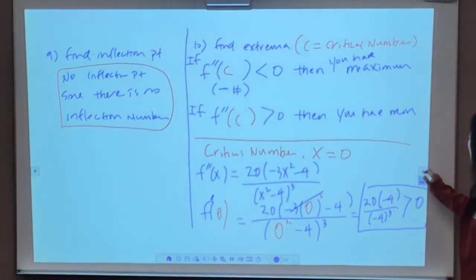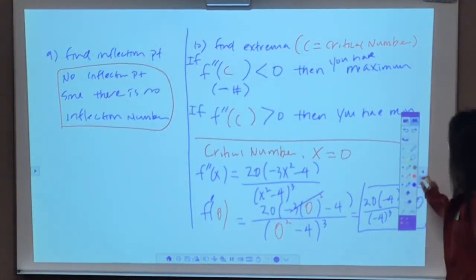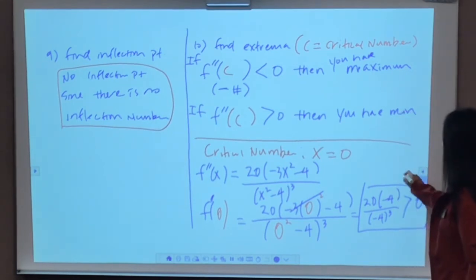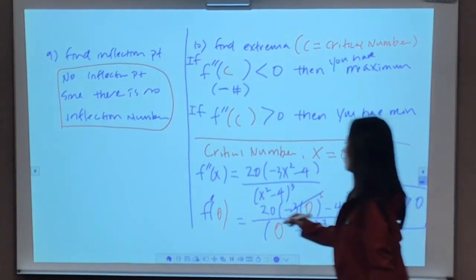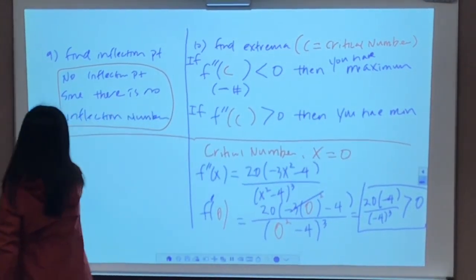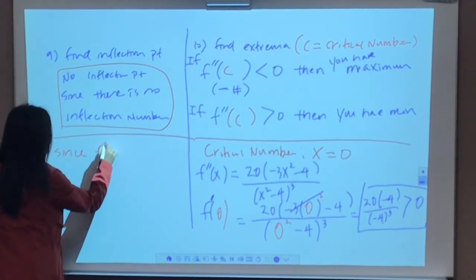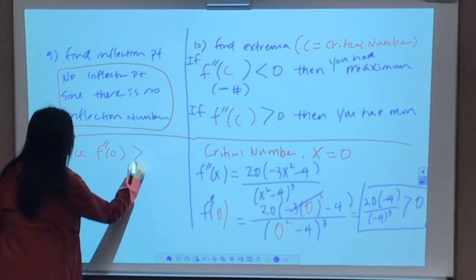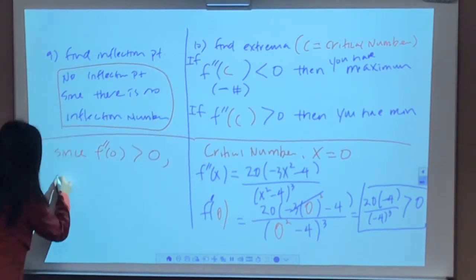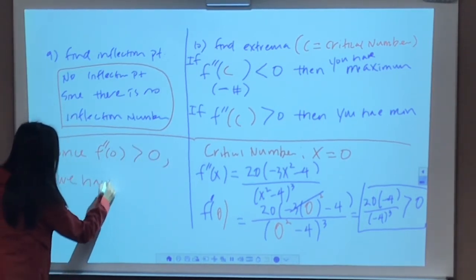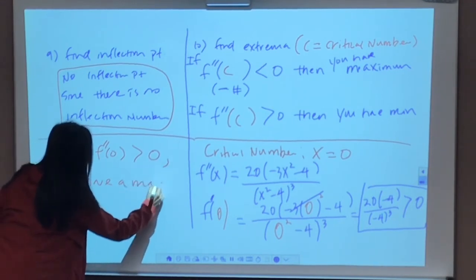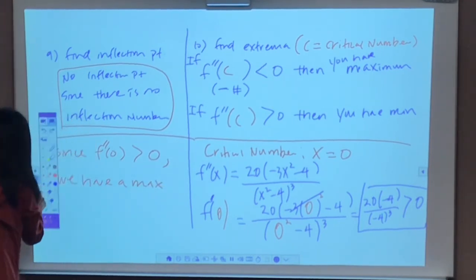So you're gonna write your answer: since f double prime of 0 is greater than 0, you have a minimum.